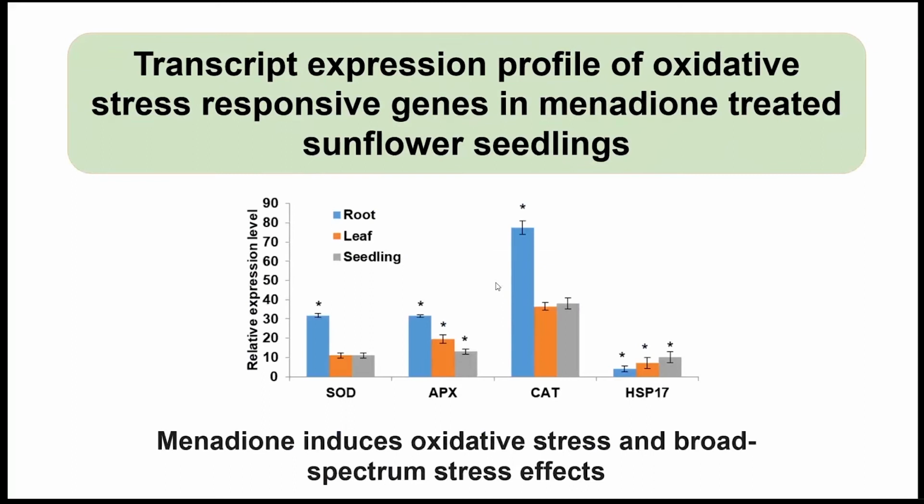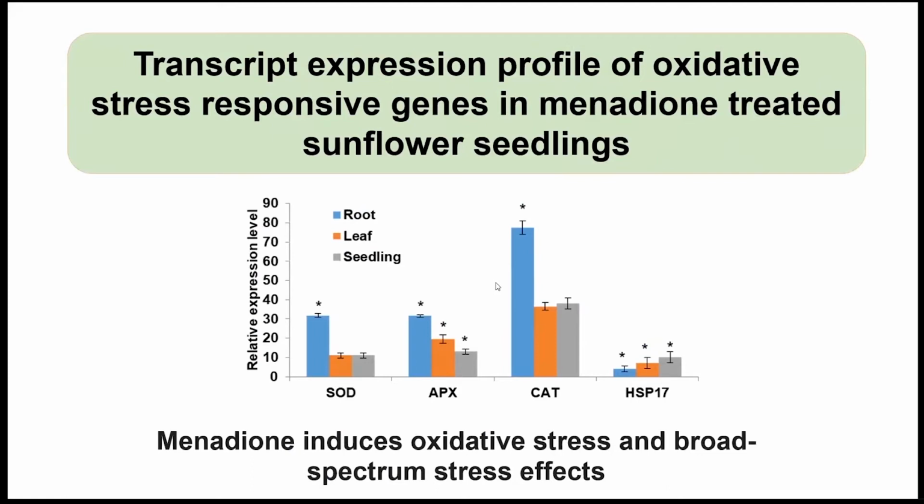Now, to make sure that the morphophenomic data we are getting is also reflective at the molecular level, transcript expression profiling was done for a number of genes known to be reflective of stresses, for example HSP, and specifically oxidative stress. This was to make sure that what is happening in the system is in synchrony with the phenomorphological data.